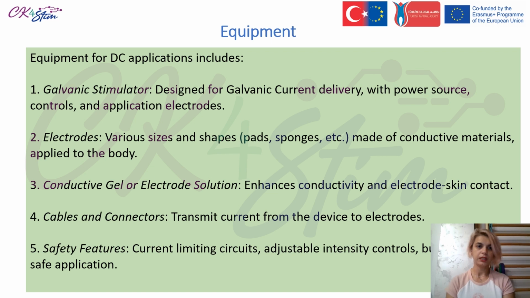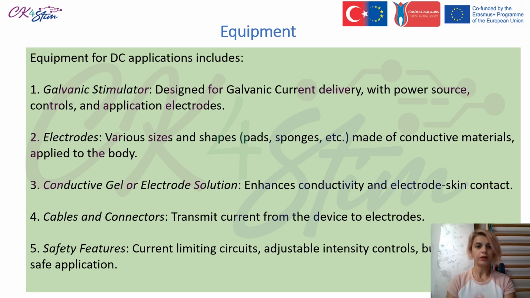As for the direct current application, the equipment includes a galvanic stimulator that is designed for galvanic current delivery with power source, controls, application electrodes, etc. For the electrodes, there are various sizes and shapes, pads, sponges, etc., made of conductive materials, and they are applied directly to the body.